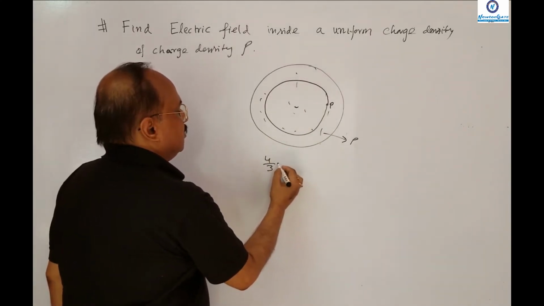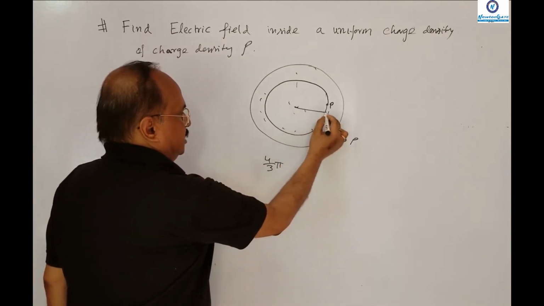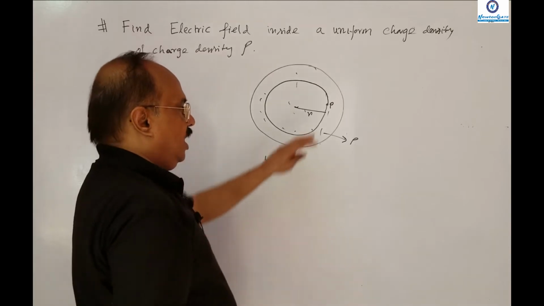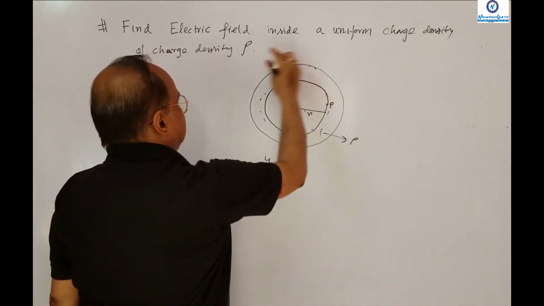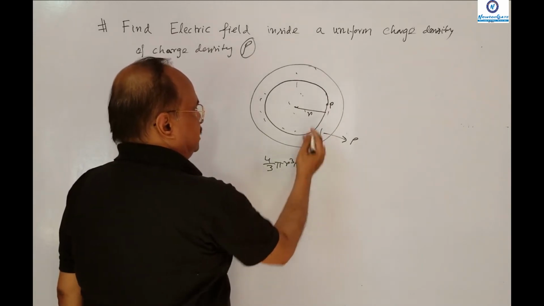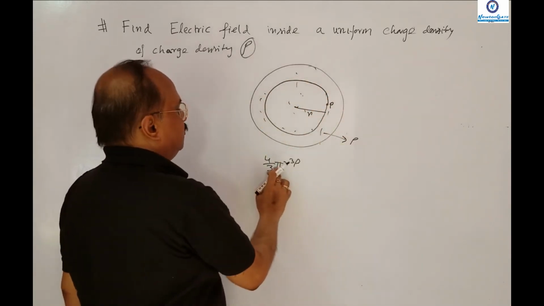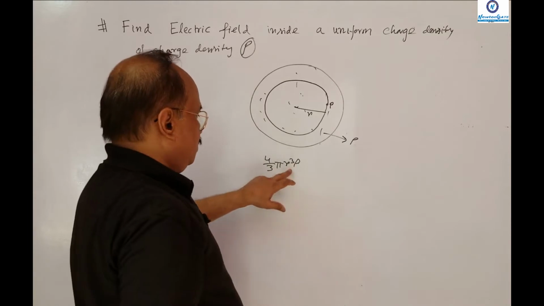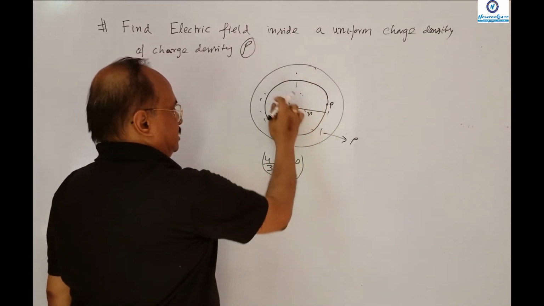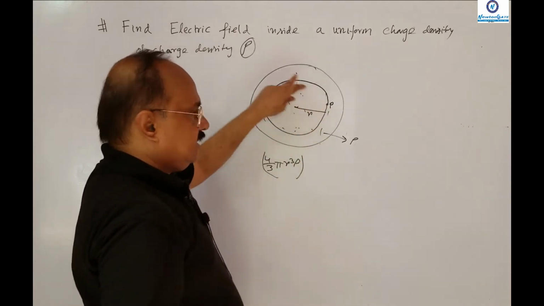If the radius of this Gaussian surface is r, the volume will be 4/3 pi r cube, and the charge density is rho. So the charge enclosed inside it is 4/3 pi r cube rho, the total charge enclosed inside this Gaussian surface.